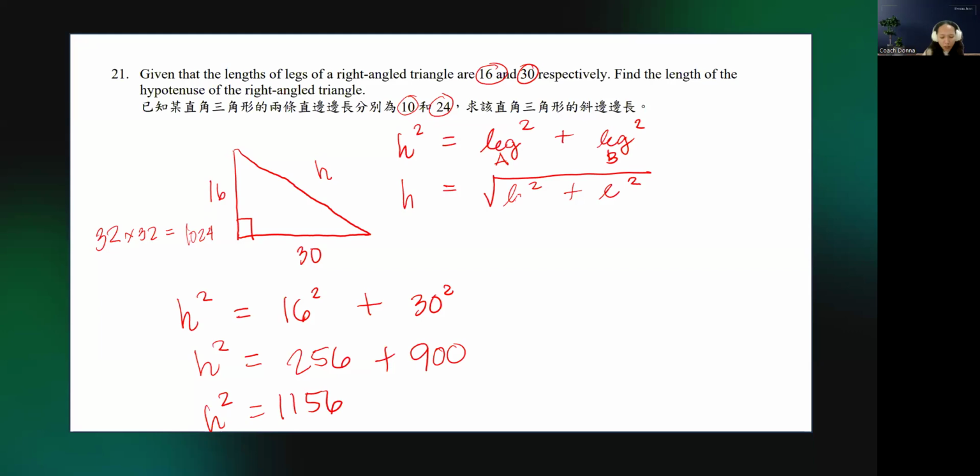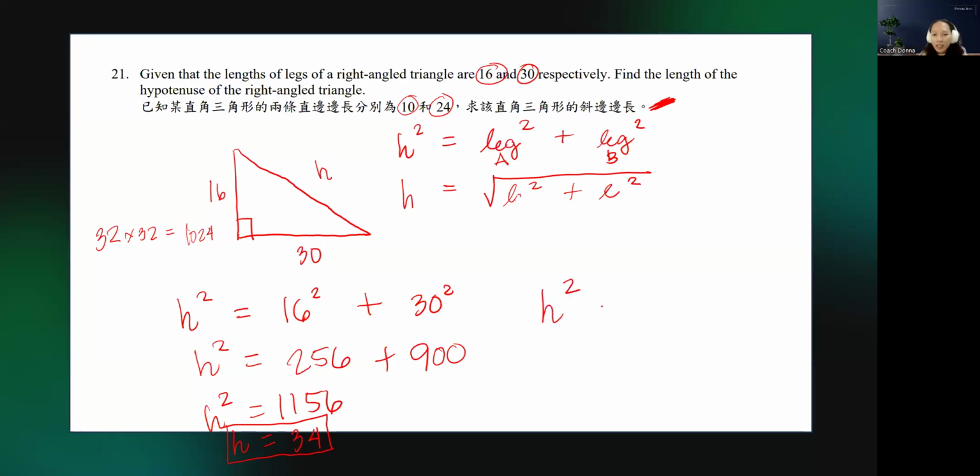All right? So we're still a little far. If we have 34 times 34, we could actually get our answer. So h is equal to 34.